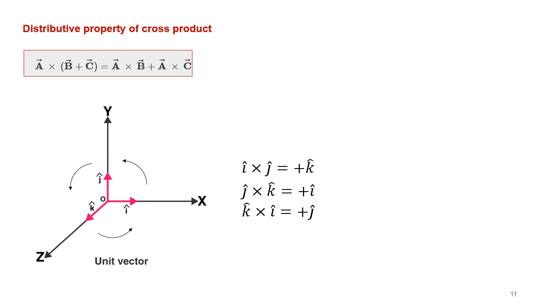Because if you put your fingers in the direction of I and rotate it to J, the thumb is pointing in the Z direction. So I cross J is equal to K, similarly J cross K will give you I, and K cross I will give you J. Reversing the order of multiplication gives you negative values: minus K, minus I and minus J.